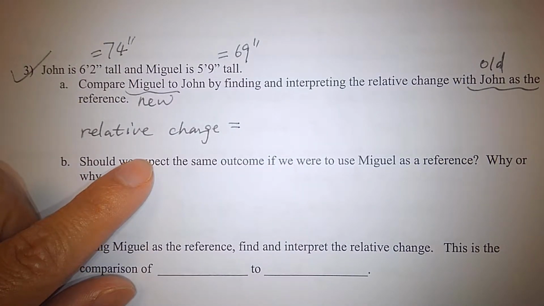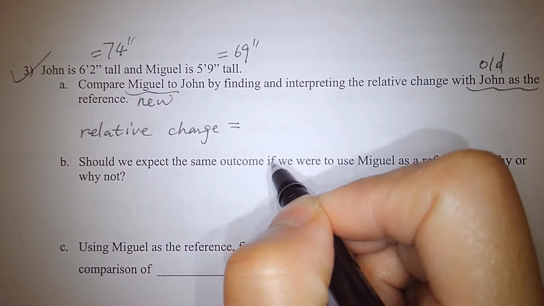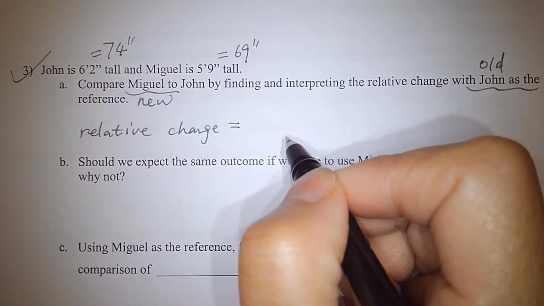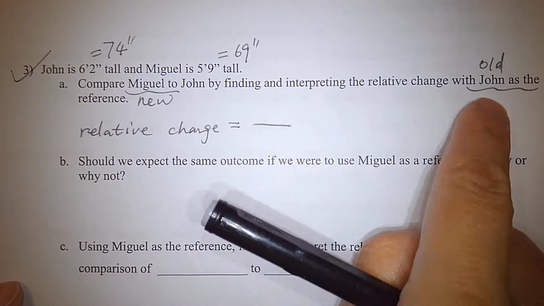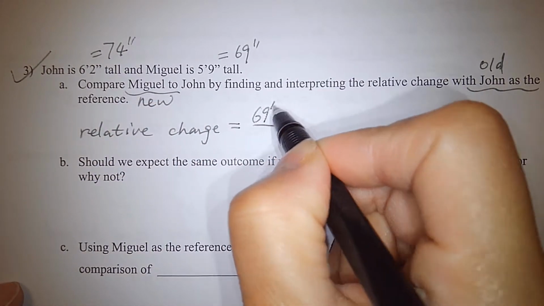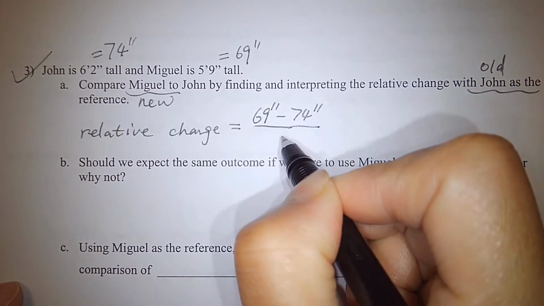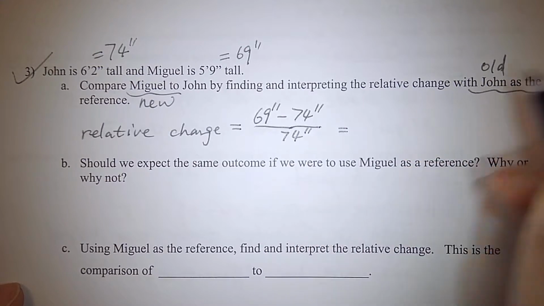New minus old, the absolute change, divided by old. So new minus old: Miguel, 69 inches, minus old, 74 inches, divided by old, John, 74 inches.